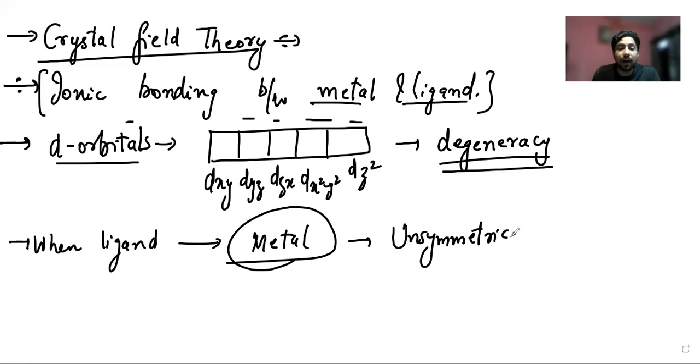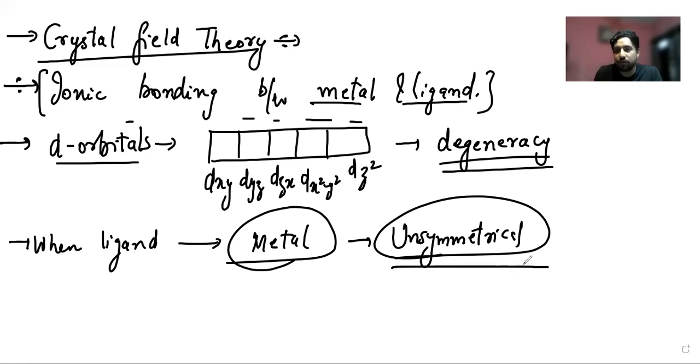Because that cloud becomes unsymmetrical, these orbitals split on the basis of the type of energy. The higher energy ones will be at a higher position, and the lower ones will be at a lower position. So because of the unsymmetry of that charge, they will split.